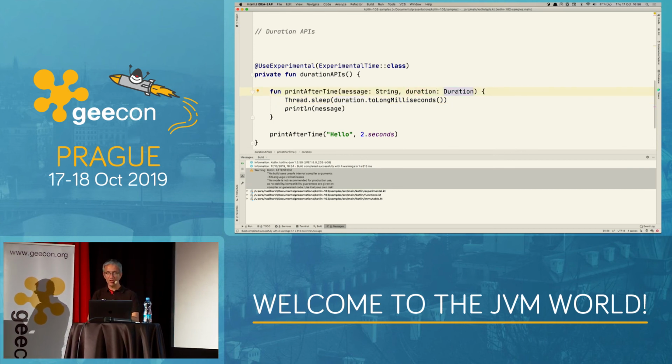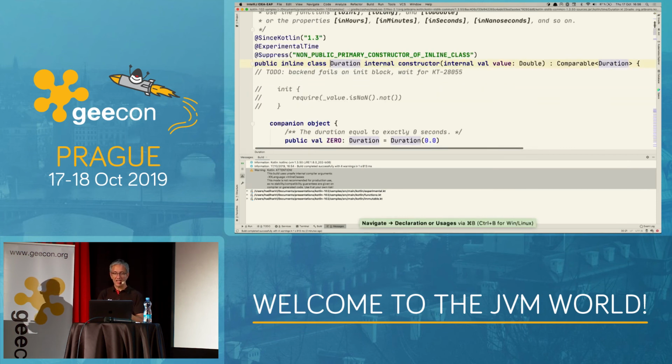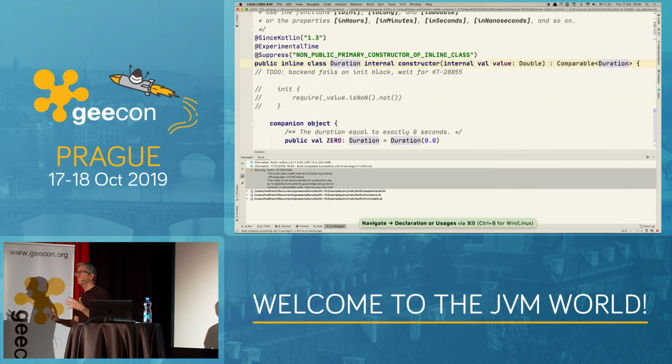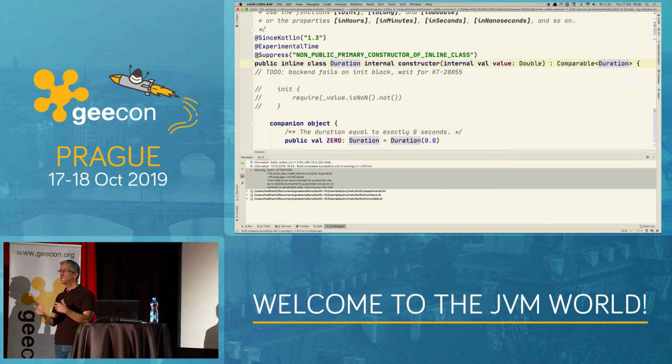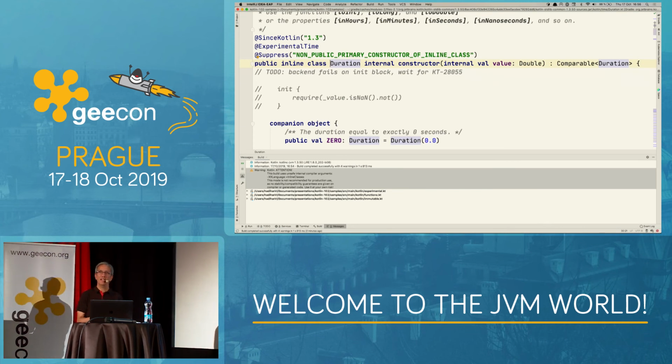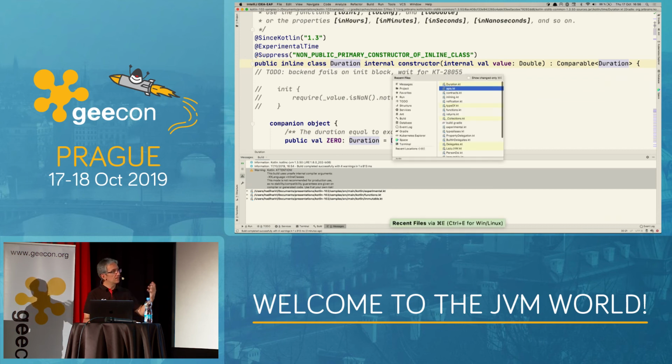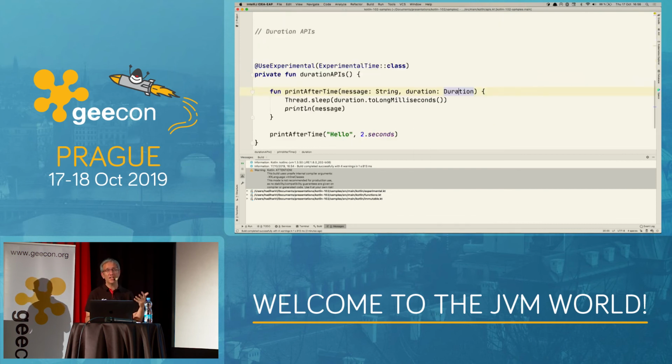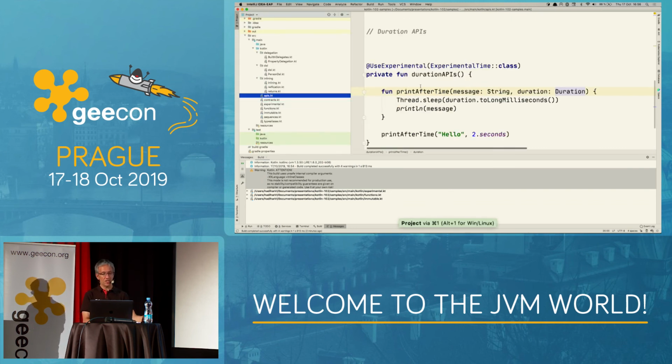What are the units, etc. But because it's an inline class, there really isn't any penalty impact, right? So it's giving us the explicitness and expressiveness of the code without the potential performance impact that it may have by just introducing a new type.